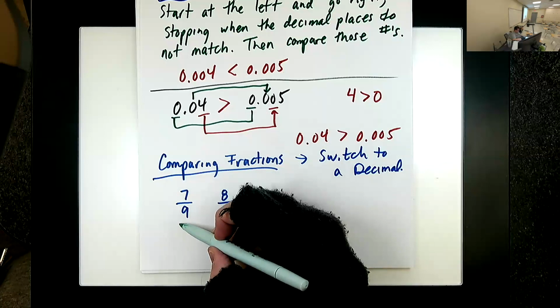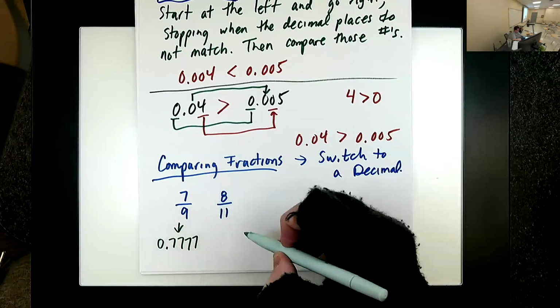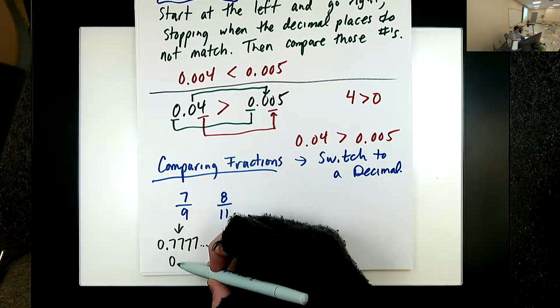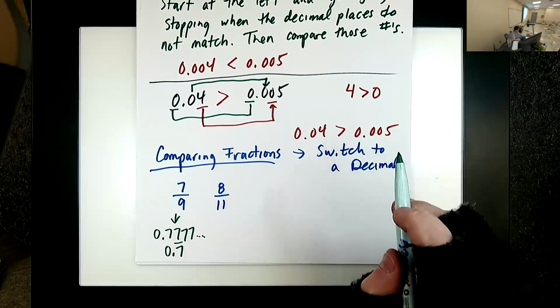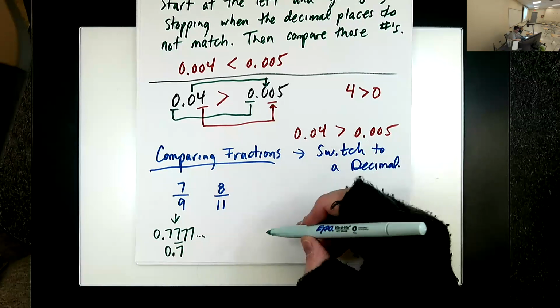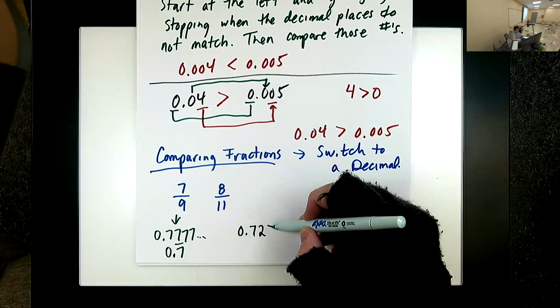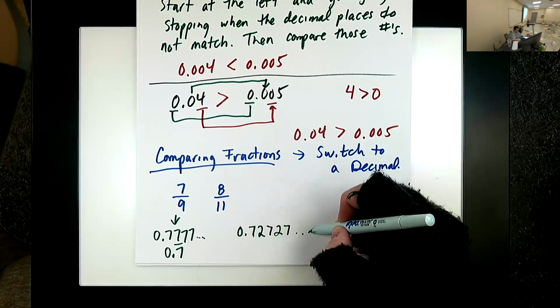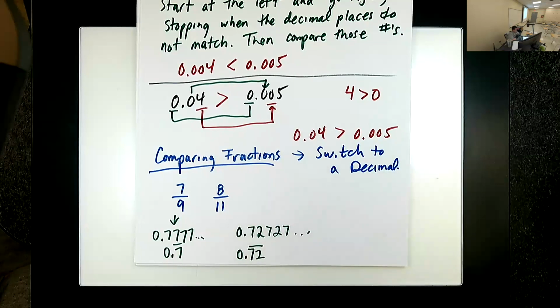If I throw this in a calculator, I get 0.7777, and it keeps going. Or I could do the repetition bar. Eight over 11 is 0.727272, and so on. Or this is 0.72 repetition bar.